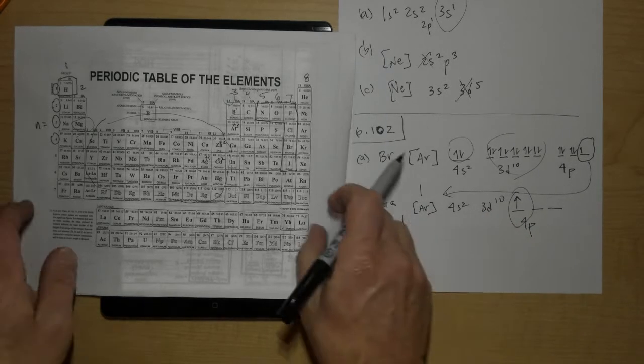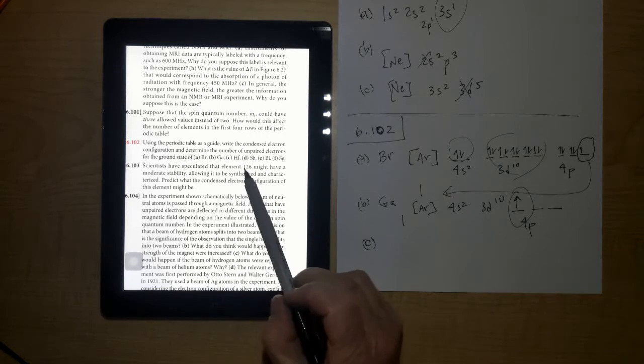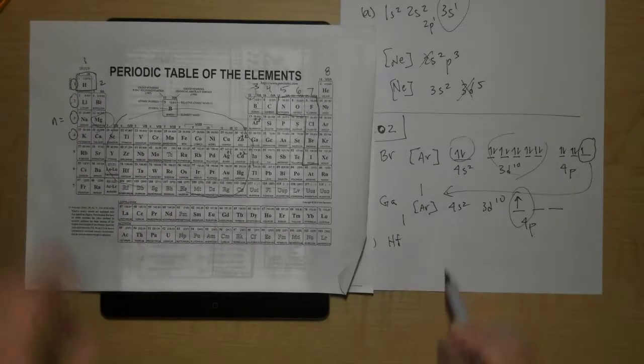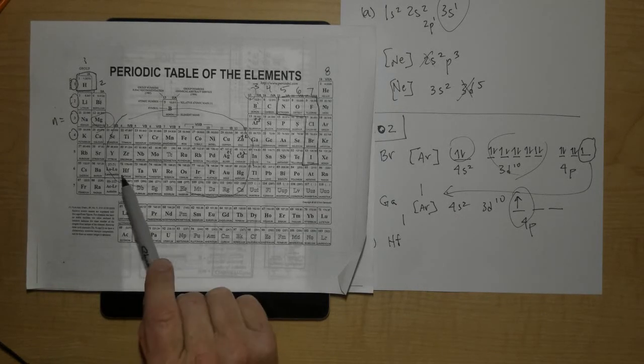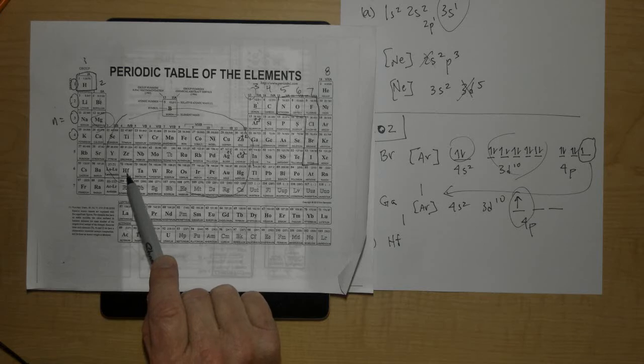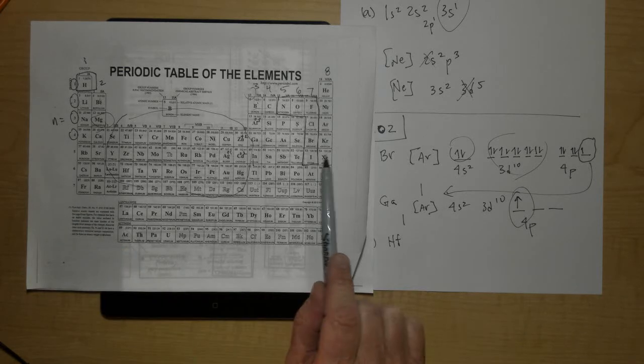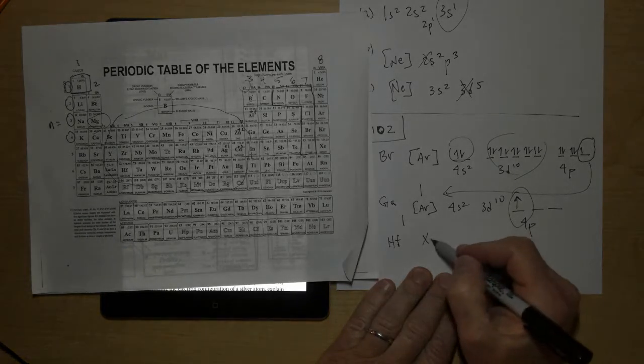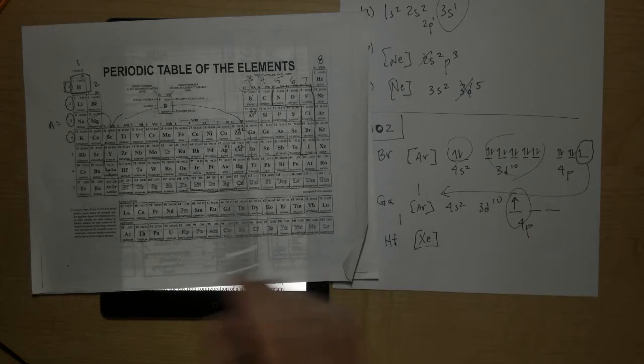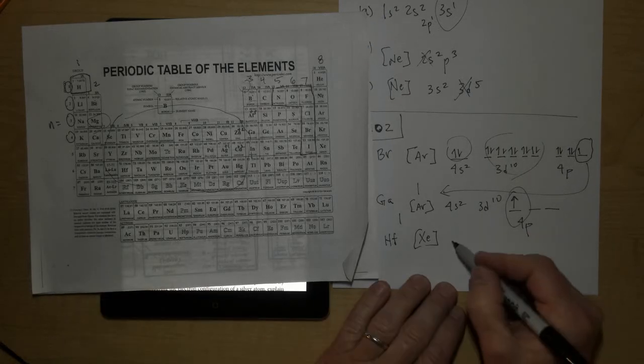Letter C is the element hafnium, Hf. Hafnium's right here, element number 72. The noble gas preceding it would be xenon. So we'd put xenon in brackets. Then we'd go 6s2.